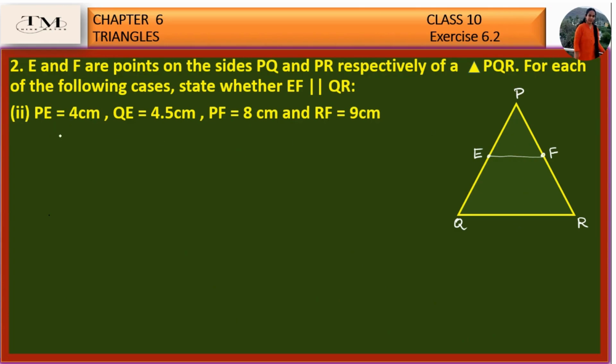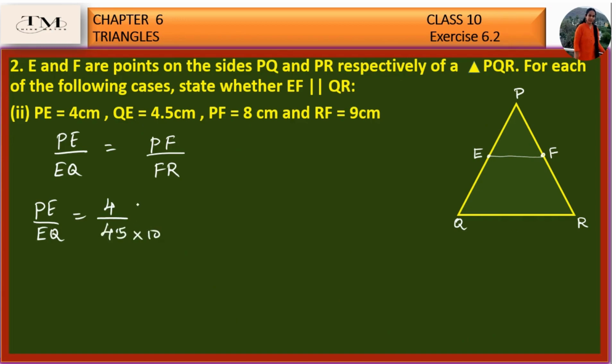So let us take the ratio PE by EQ, which should be equal to PF by FR. What is PE? It is 4. EQ is 4.5. So multiplying by 10 on top and bottom, we get 40 by 45.